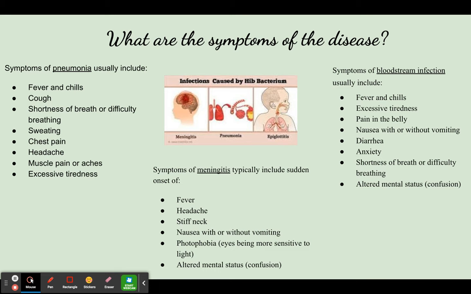Symptoms of bloodstream infection are usually fever, chills, excessive tiredness, pain in the belly, nausea with or without vomiting, diarrhea, exhaustion, shortness of breath or difficult breathing. As you can see, most of the symptoms for these diseases are almost the same. So you should go to a hospital and get checked to see what kind of disease you have, whether a blood infection, pneumonia or meningitis.